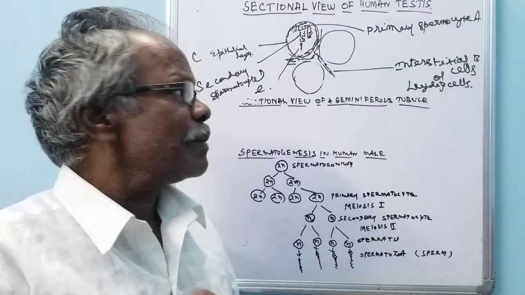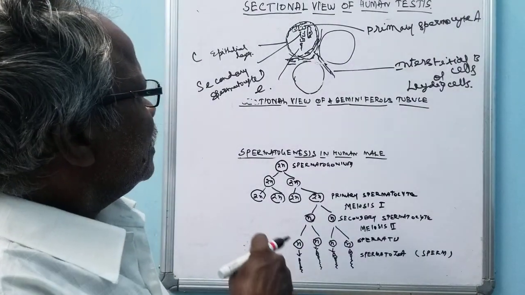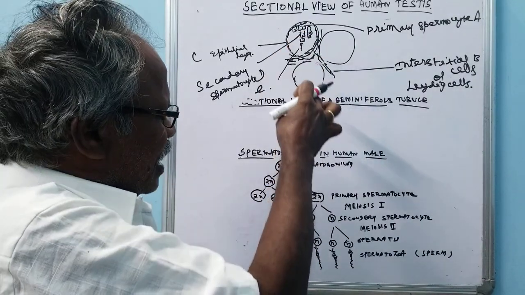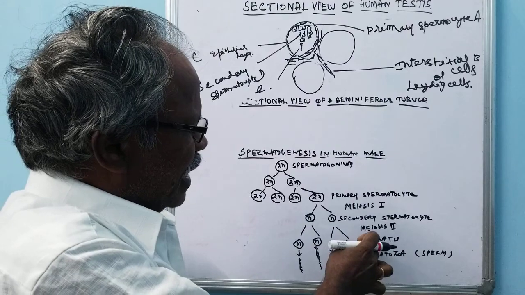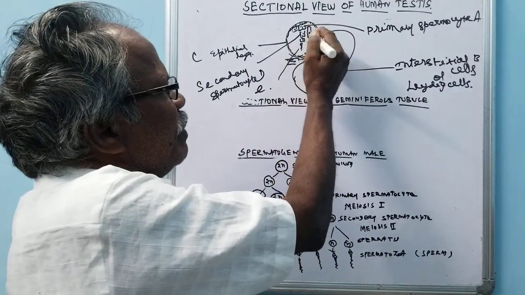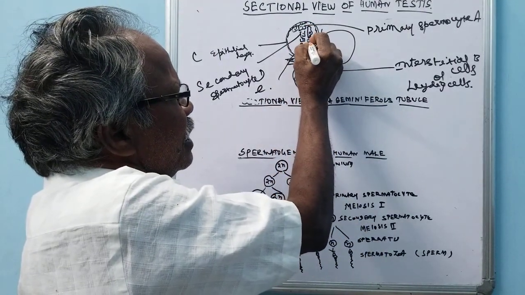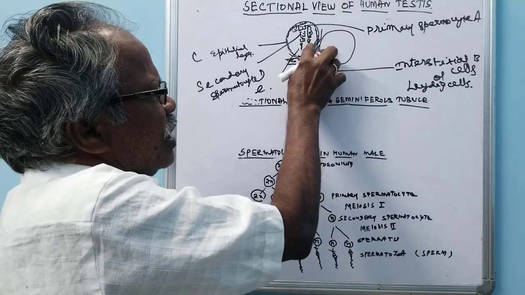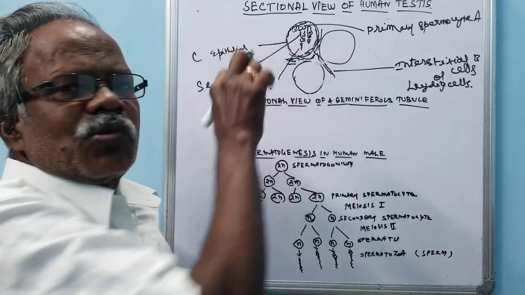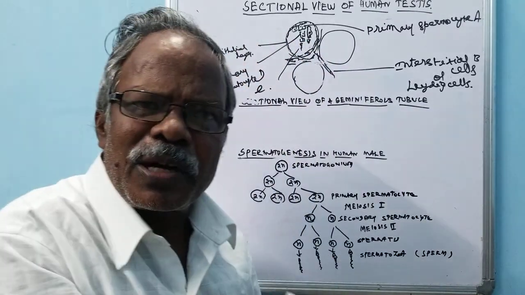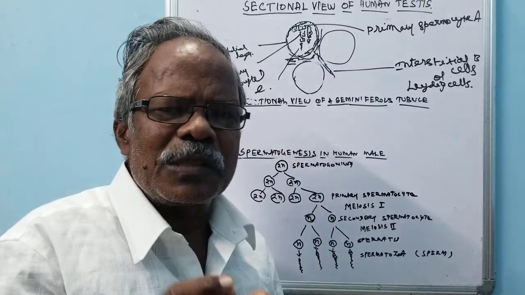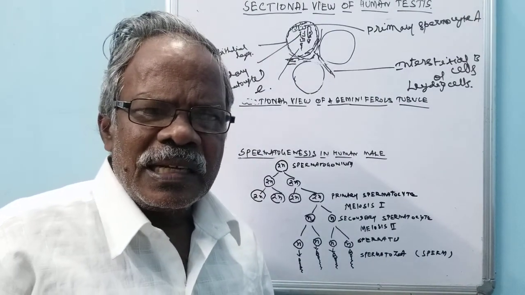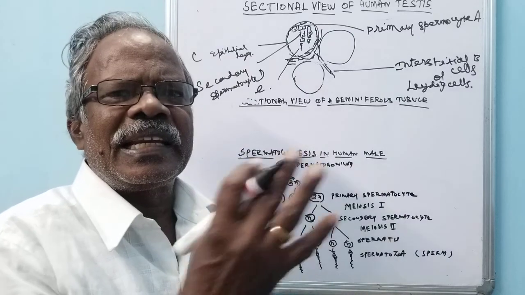The cells produce sperm cells, and then the spermatids are formed. From the spermatid the spermatozoa are formed. The difference between spermatid and spermatozoa is that the spermatozoa contains the tail, which is motile in nature.